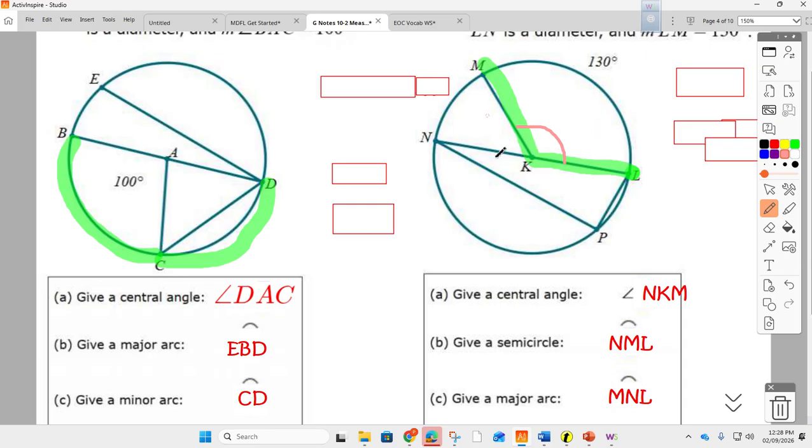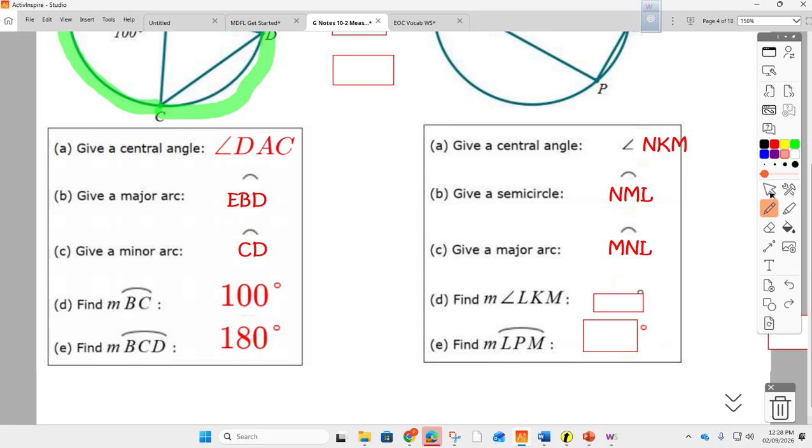LKM is a central angle because its vertex is at the center. So how can we find the measure of that central angle if we know the measure of its intersecting arc? Can you tell me, Thomas? Wouldn't it be the same thing as 130? It would be. Very good. So the central angle and its intersecting arc have the same measure.